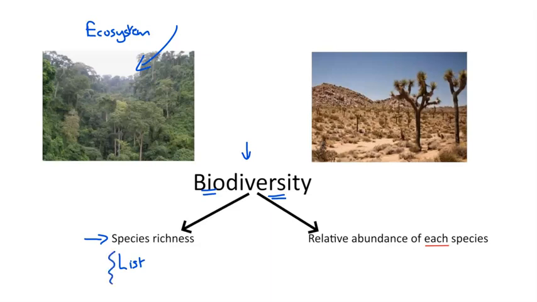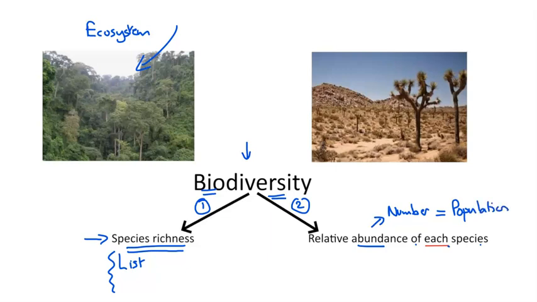This list of species is what we call species richness, and that is just one aspect of biodiversity. The other part of biodiversity is the relative abundance of each of these species. Now, abundance is the number of, and of course, the number of individuals in a species is the population.